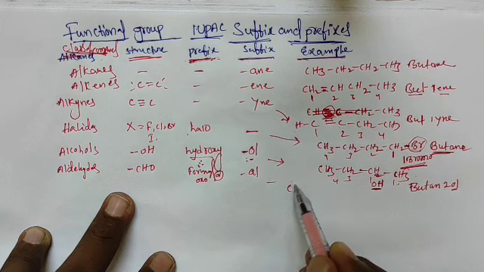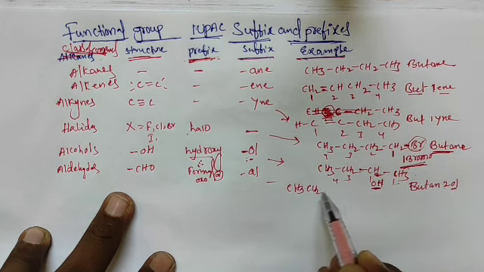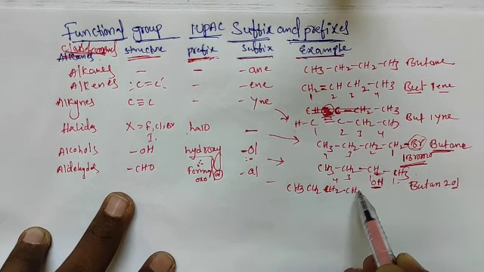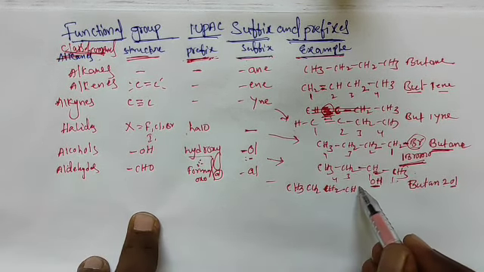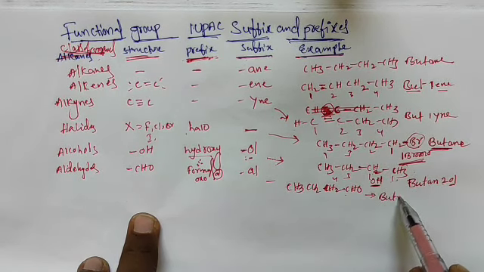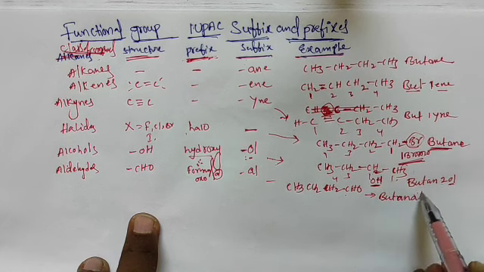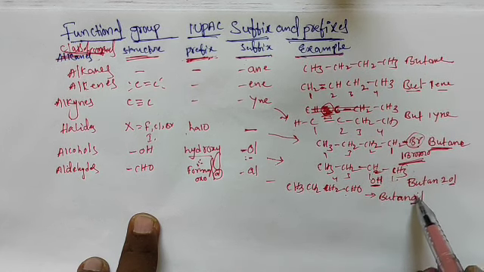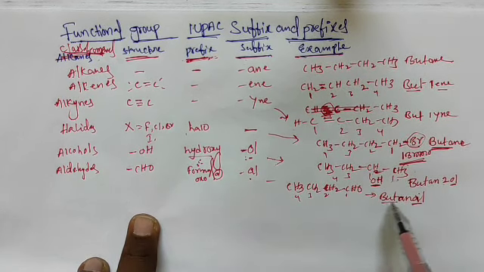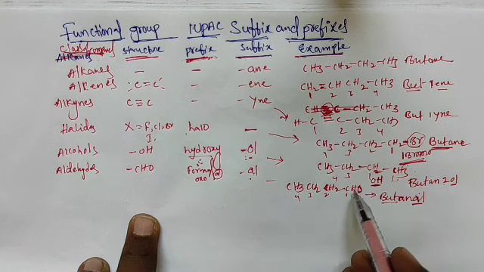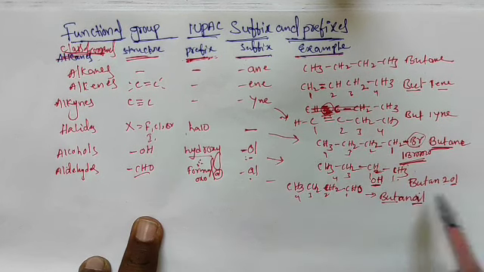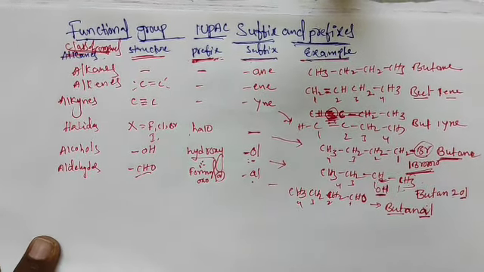Example: CH3 CH2 CH2 CHO. The name is butanal. We count four carbons, and since CHO is the aldehyde form, we take al. Next, ketone.